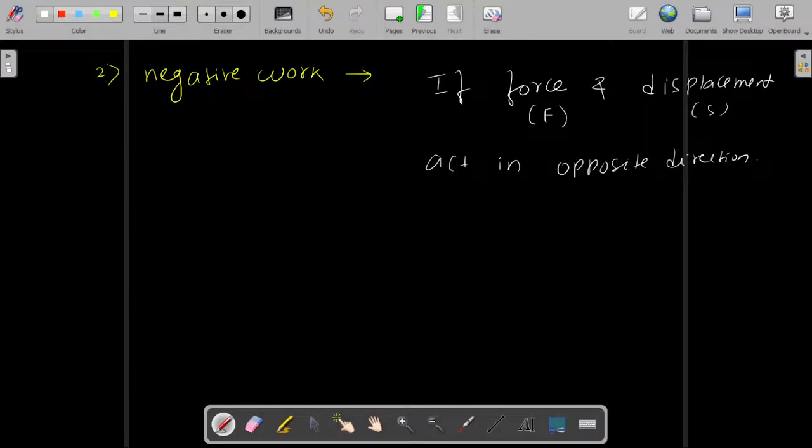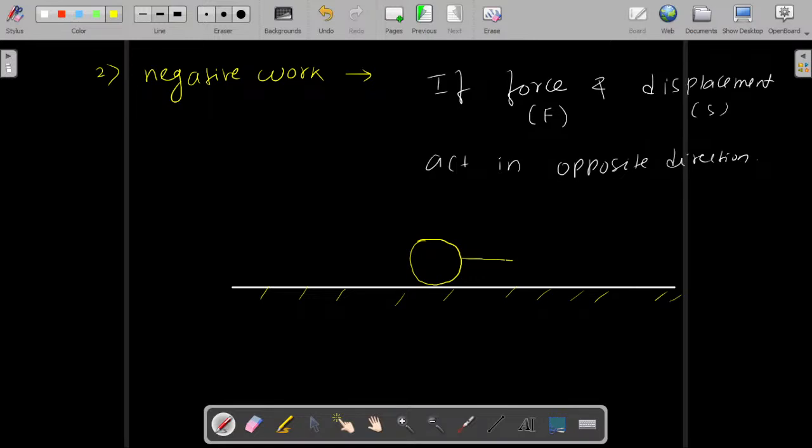Okay, so you draw a diagram. This is the surface, this is a football. So write down, this is the direction of motion. Motion direction is toward right.